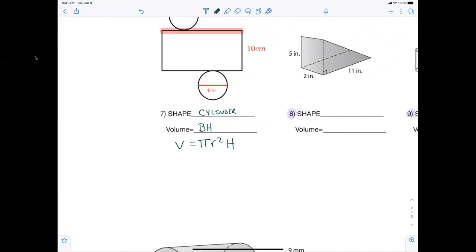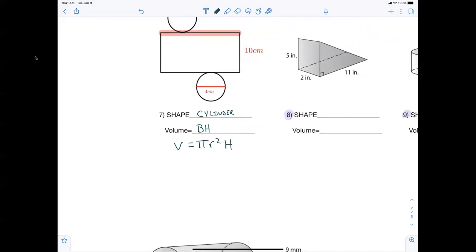Now you have to look at the shape and tell me what's the radius. So it's going to be pi times 2 squared. And what's the height? 10. Beautiful. So everybody multiply that out. Very nice.